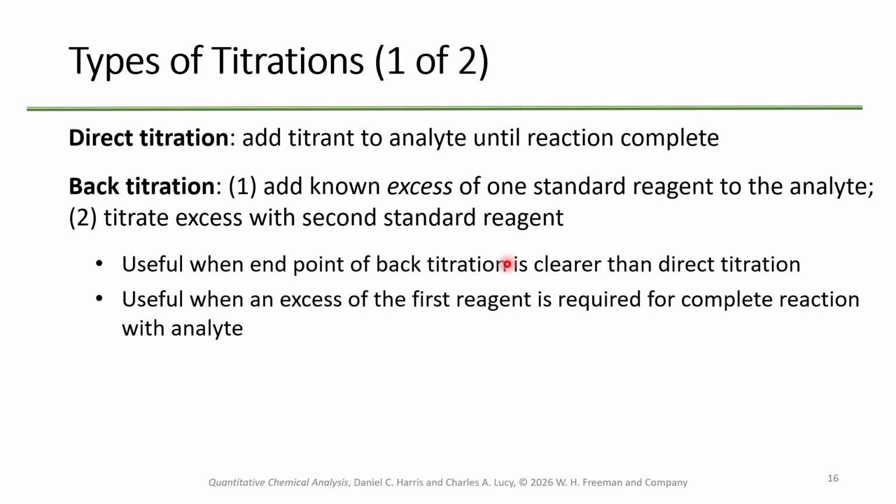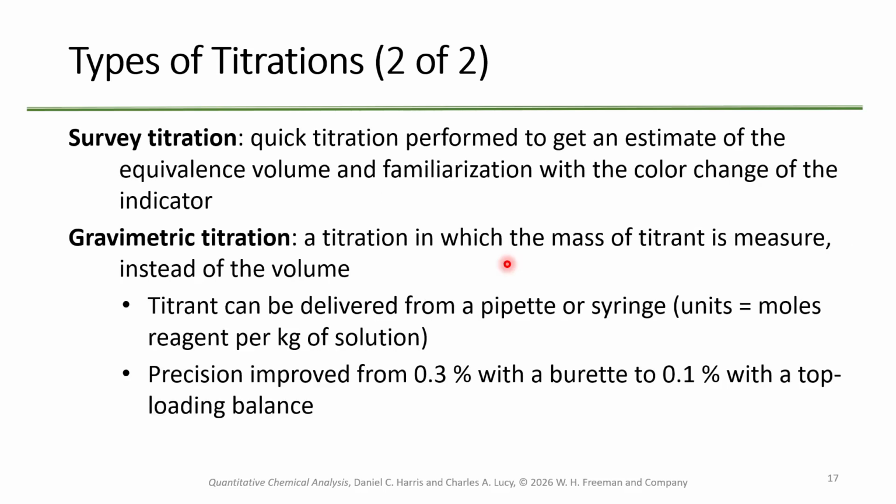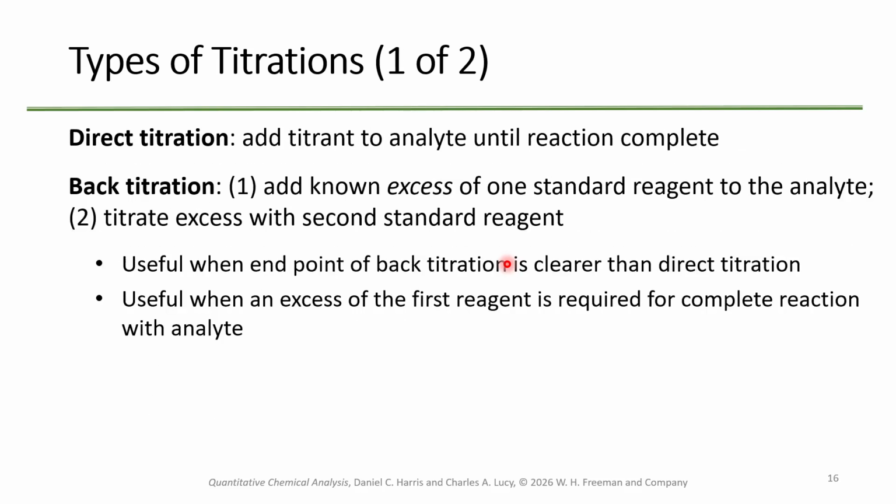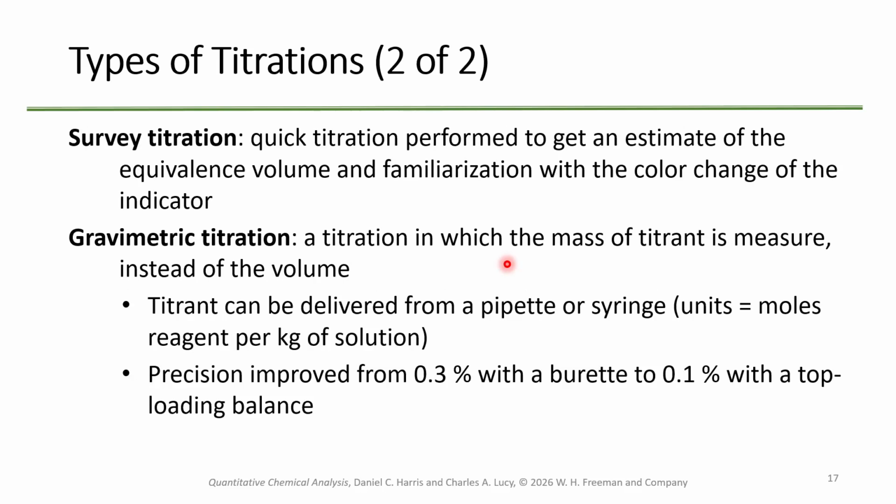Okay? And so then we know 0.200, right? And that's all a back titration is. It doesn't have to be acid-base. It can be anything. But you just use two titrants instead of one and back titrate to get your result.